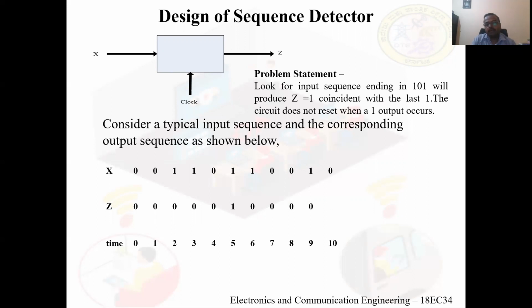X is 0, 0. Now 1. Again, you can see the input sequence we have is 1, 0, and 1, so the output Z will be equal to 1 here. Again, you can see 1, 0, and 1, so the output is equal to 1.